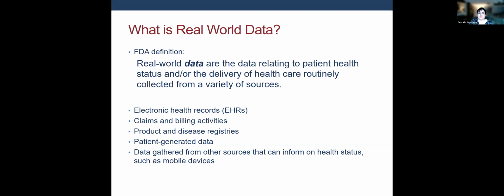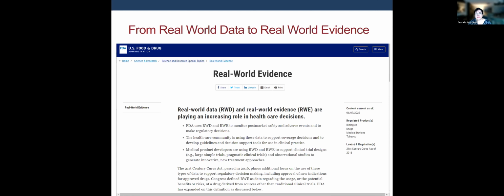And what they want is real-world data that can be turned into real-world evidence. They are already using some of this post-market safety and adverse events regulatory activities and data to make these decisions.